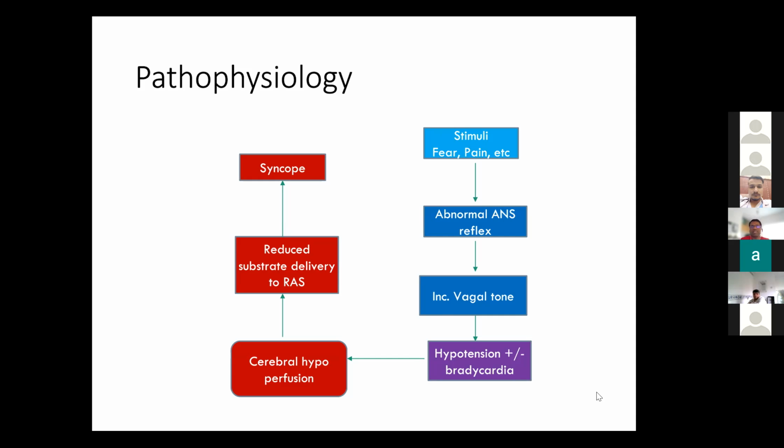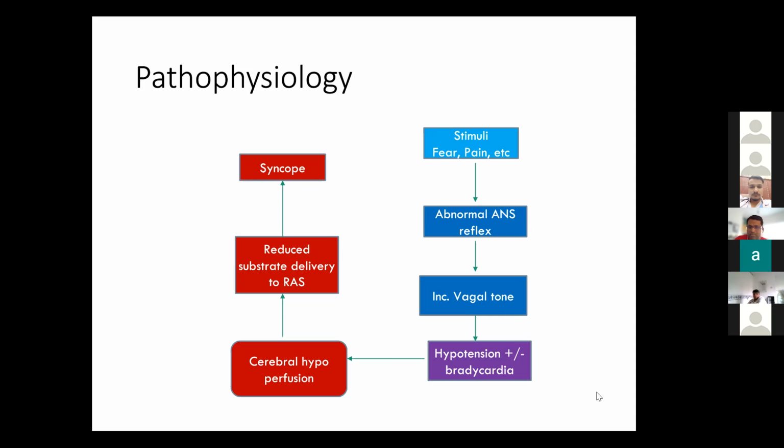Immediately after a syncopal episode, if you measure blood pressure and check the heart rate, they can be bradycardic as well as hypotensive. That's only for a short period. As they are lying supine, you can find the blood pressure and heart rate return to near normal.